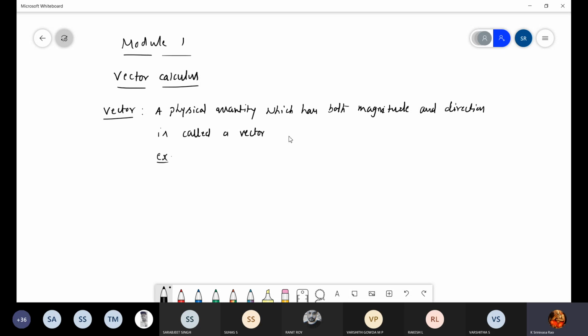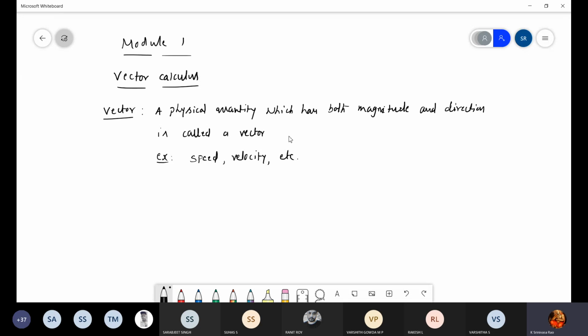Example: speed, velocity, acceleration, etc. Okay, so it has both magnitude and direction.